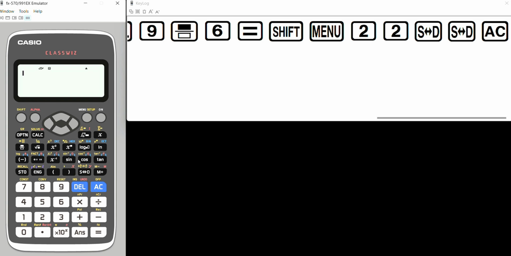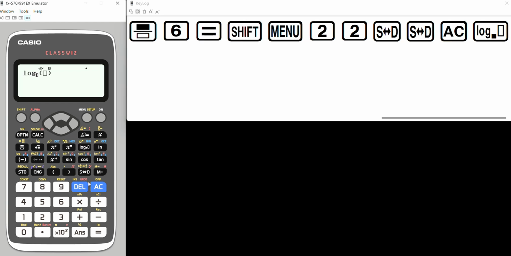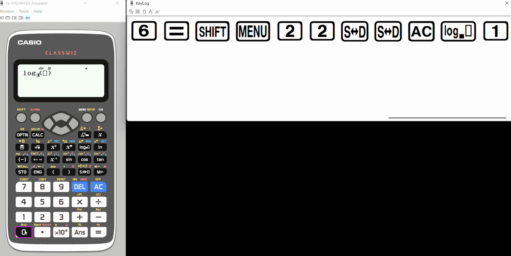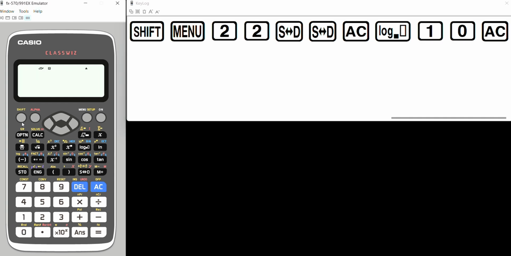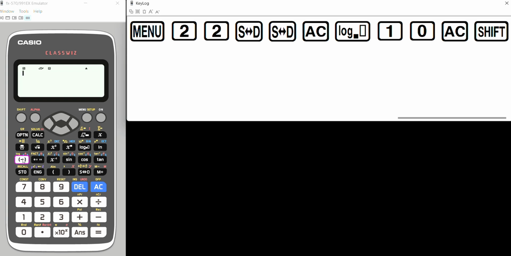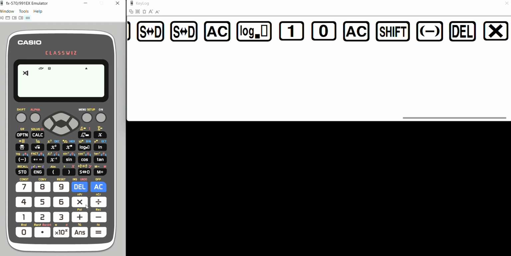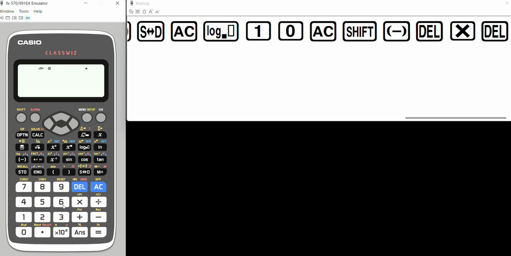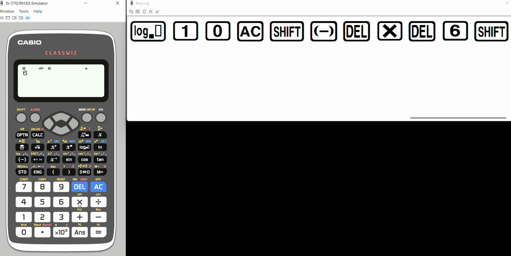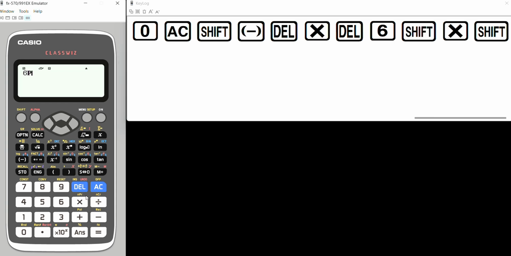When I clear it, there's the sine, cos, tan. There's a log button. If you want to get log 10, you can do it this way, or what you can do is shift and then log. So you have the log 10 button here as well. And then there's the permutation and combination button when you press shift multiply or shift divide.